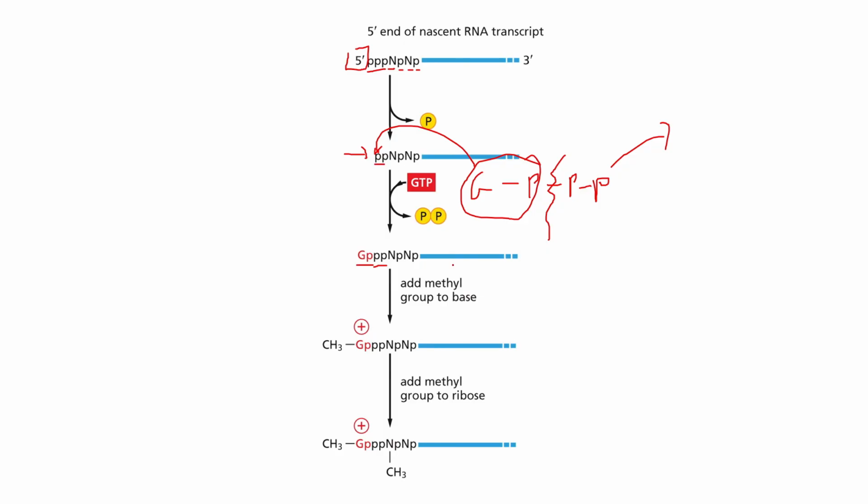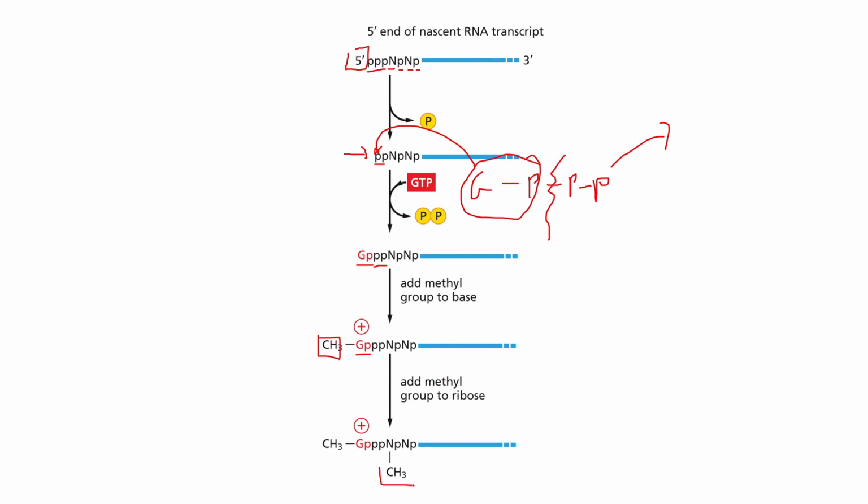And now we got to methylate it. So a methylation process occurs somehow. Some enzyme will come in to methylate it. And we're going to methylate, adding a methyl group to the guanine, giving it a positive cation charge. And then once that happens, we want to stabilize the whole cap.